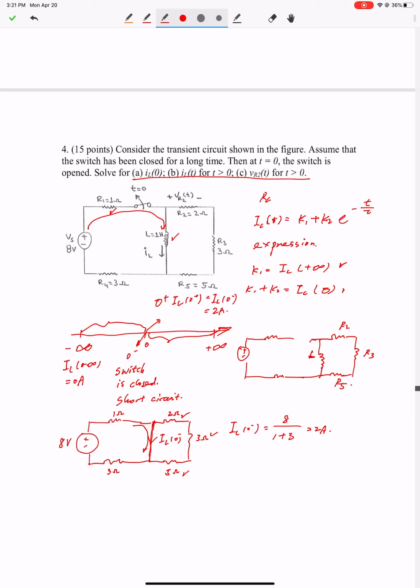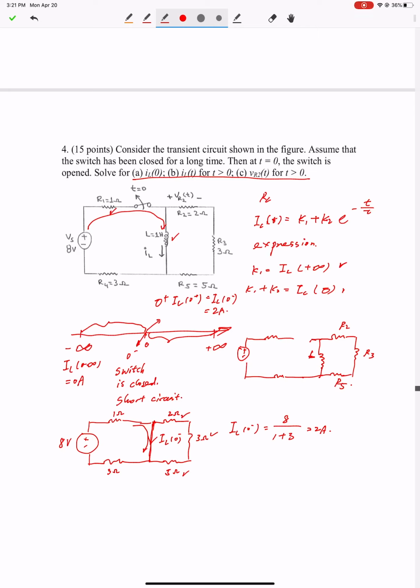From t equals 0 to t equals positive infinity, we have been going through a long time, which means the energy stored inside the inductor will be dissipated, and there's no energy left in the inductor.